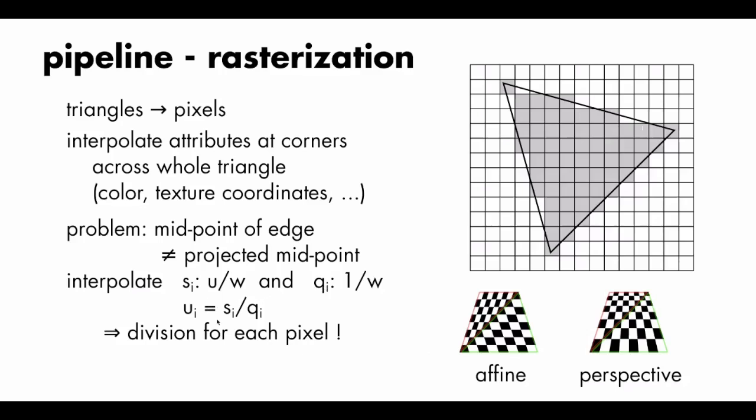And to get the real texture coordinate, you have to divide by this interpolated Q again. So that means you have a division for every pixel, and that's not really what you would like, because division is slow and expensive, and having to divide for each pixel is something you would like to avoid if possible.